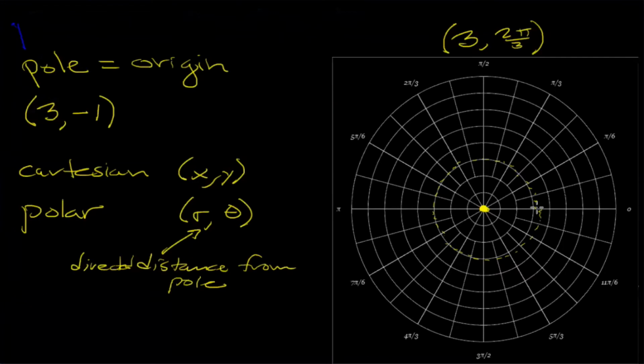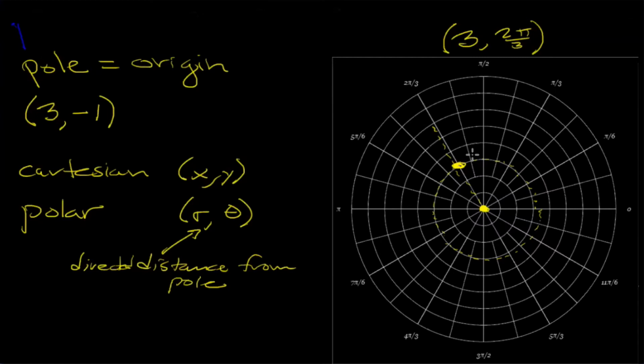Okay, so it's on that third ring, and then we go to the angle 2 pi over 3. So I rotate from 0, 2 pi over 3. That's right here, and this graph is actually labeled, so it'd be on this line right here. And then the intersection of those two is the actual point.